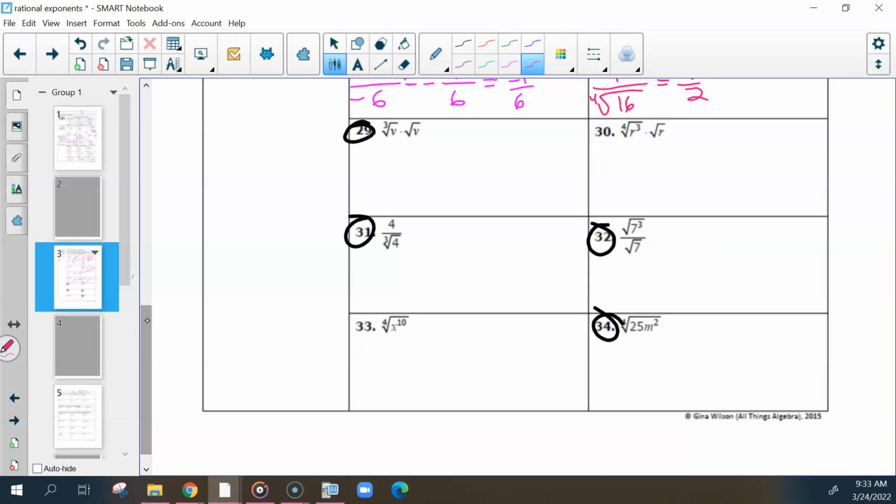If you were putting it back in exponent form, b times the cube root of b would be what? Third root of b would be what? Then you're multiplying like bases, so you're adding your exponents. And that would give you, you get common denominators.